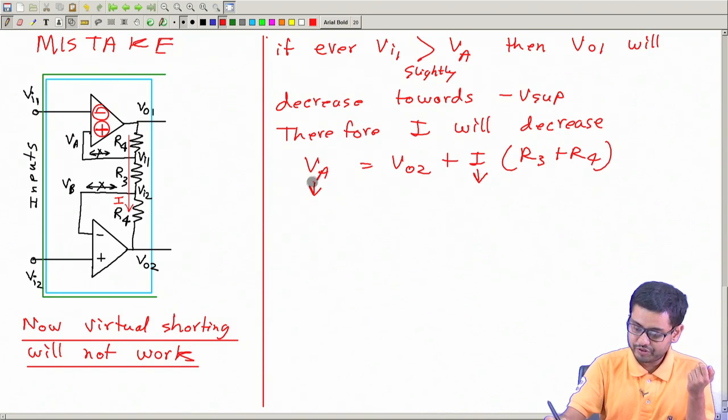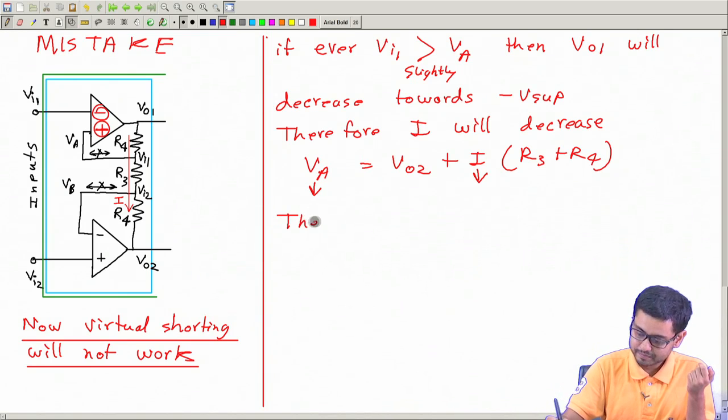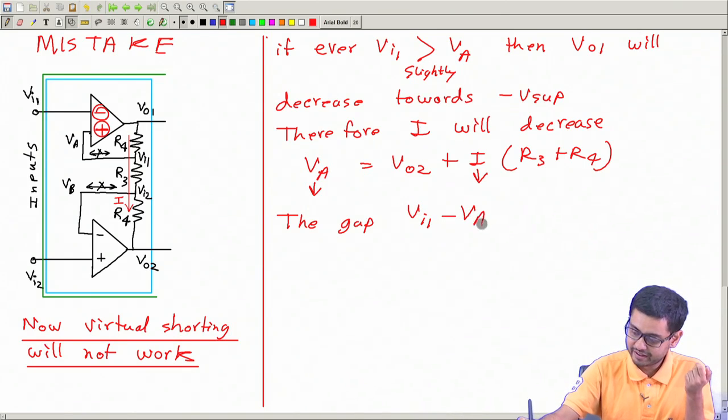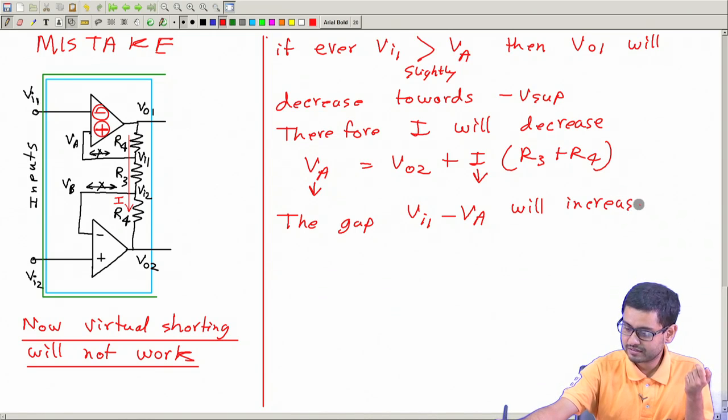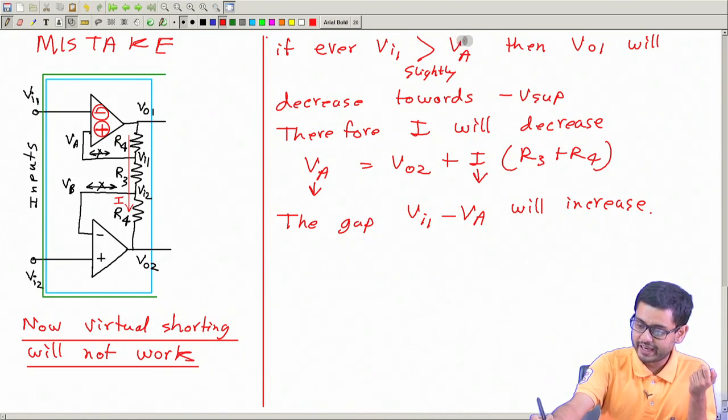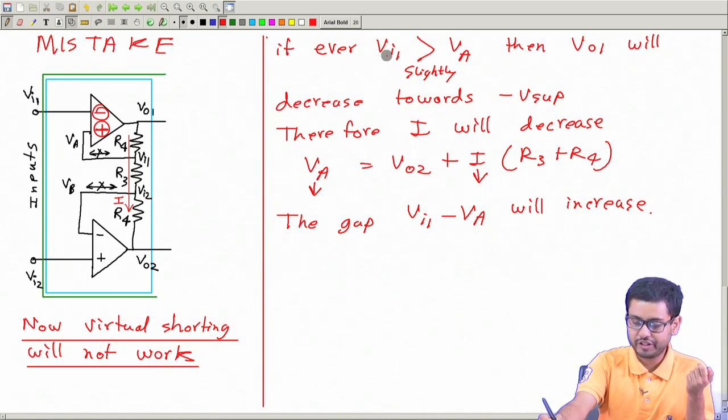So VA is going down, and therefore the gap of Vi1 minus VA will increase, because VA was already less than Vi1, and now VA is going down further.